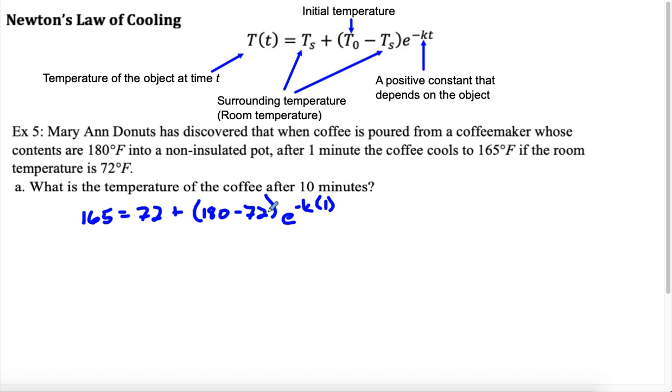So we now want to solve this for k. I'll subtract the 72 over. That would be 93 equals, then 180 minus 72 is 108, so I'll have 108 times e to the negative k. Then I want to divide both sides by 108.